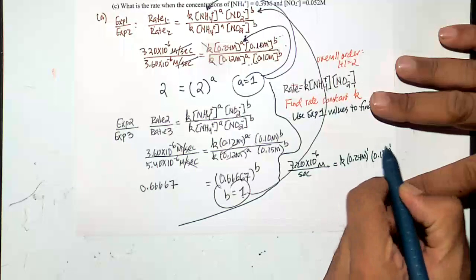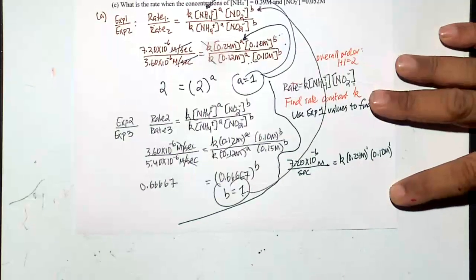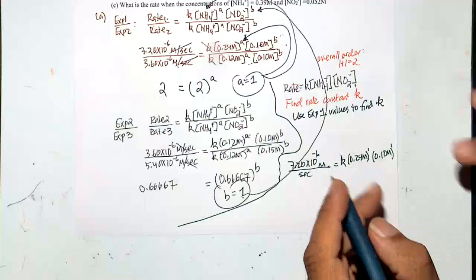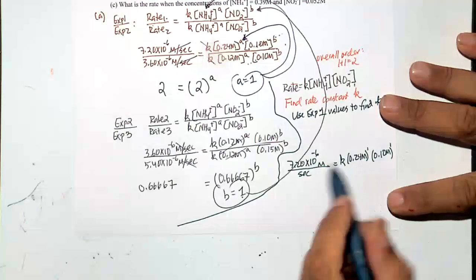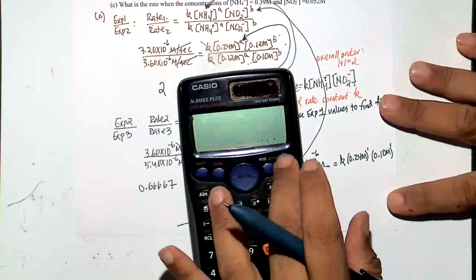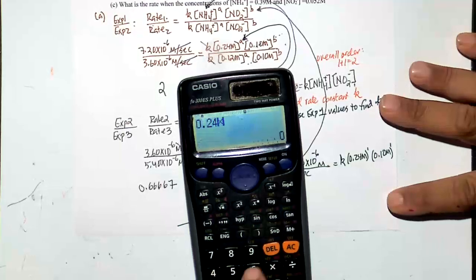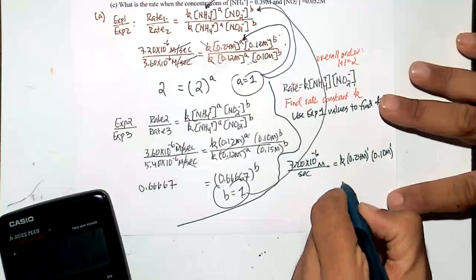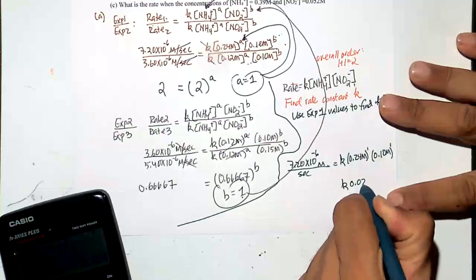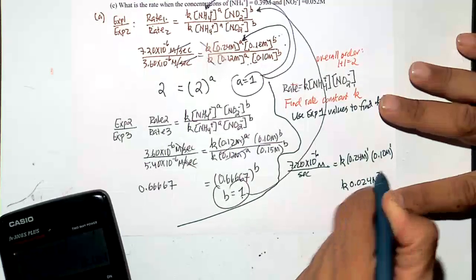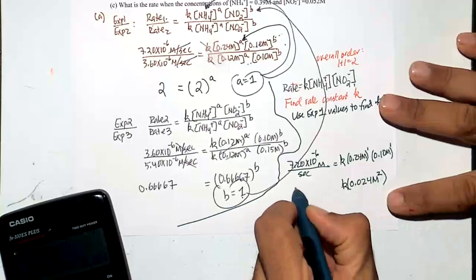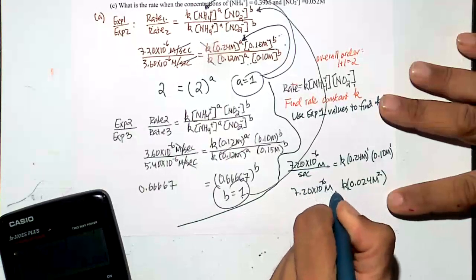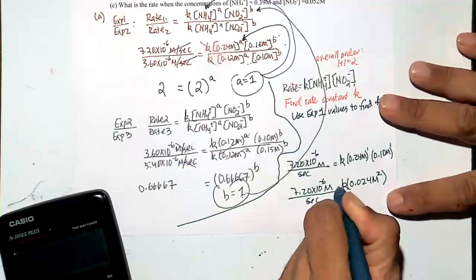So really you don't have to write the ones. I'm just writing it, but you don't have to, because 0.24 to the power of 1 is just 0.24. So what's 0.24 times 0.10? 0.024 M squared. That equals 7.20 times 10 to the minus 6 molar over seconds.